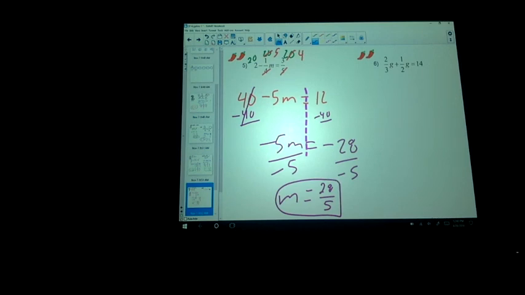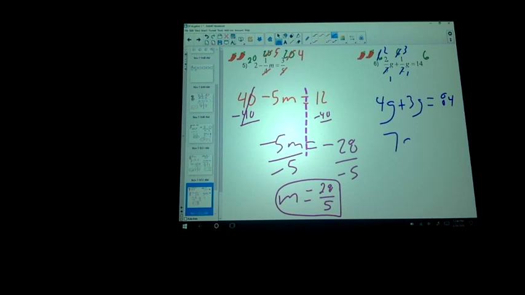Last problem. 3 terms. I have 2 denominators. What should I multiply all 3 terms by? 6. Good. All right. So 3 goes into 6 twice. 2 times this 2 is 4, so I get 4g plus, that becomes 3g. And 6 times 14 is 84, I believe.